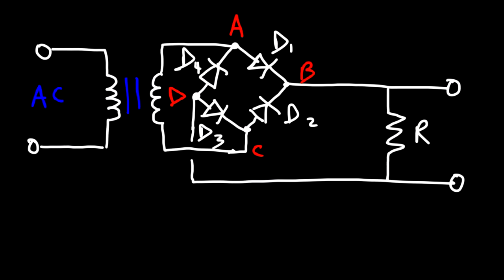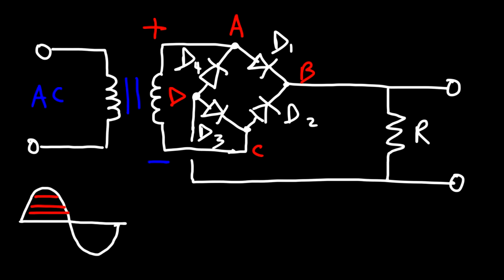Now let's talk about the operation of this circuit. And so here is an AC sine wave, and during the positive half cycle of this wave, the top part of the right side of the transformer is going to have a positive potential, and the left side will have a negative potential.